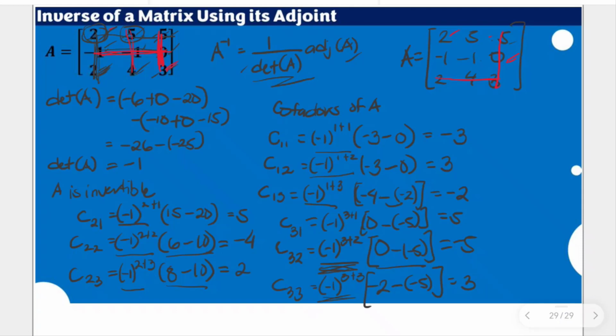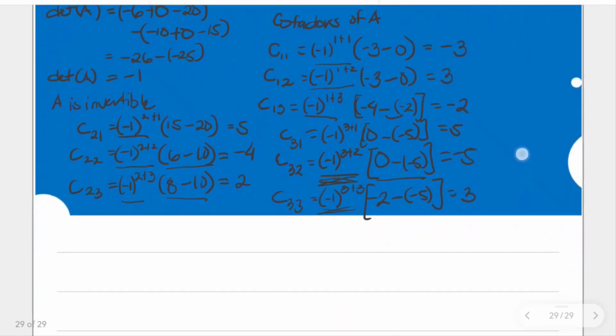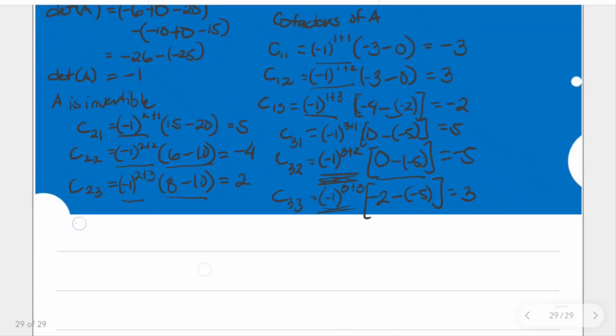We are not yet done because our goal is for the adjoint. If we are to come up with a matrix of all these cofactors, let's say all the entries, negative 3, 2, negative 2. Next, these entries here, 5, negative 4, and 2. And then you have 5, negative 5, and 3.